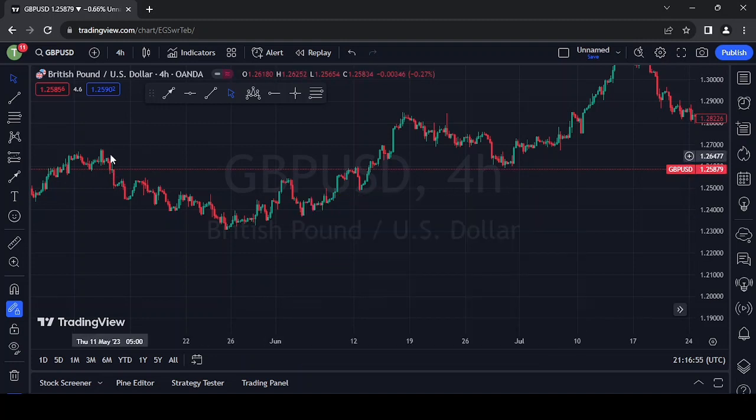You can see from this point to this point, you can say you have a downtrend. From this point to this point, you can also say you have another downtrend. Maybe I need to highlight that.